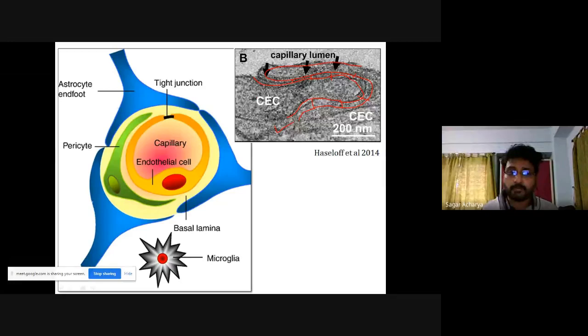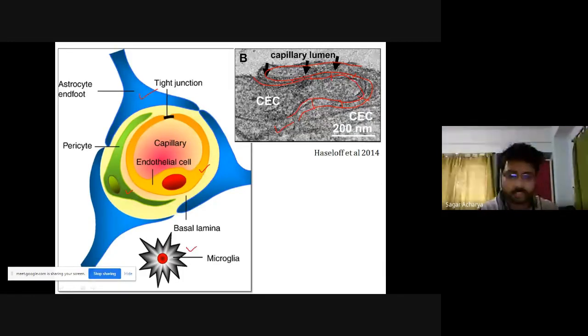From this picture we find what cell types take part in the formation of the blood-brain barrier. One is obviously the endothelial cell. Next is the half-circled pericyte. Next, the end feet of the astrocyte. Astrocytes are one of the major glial cells in the brain, and one is the microglia.